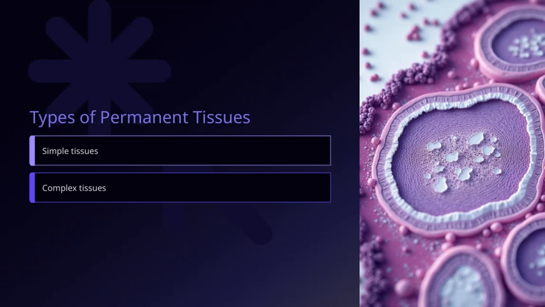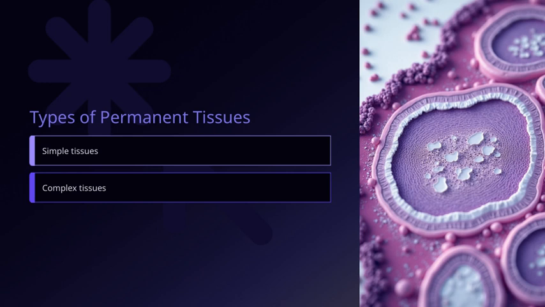Now, let's take a closer look at the types of permanent tissues. We broadly categorize them into two groups: simple tissues and complex tissues. Simple tissues are made up of only one type of cell, which means they perform specific functions efficiently. On the other hand, complex tissues consist of more than one type of cell working together to carry out more specialized roles.